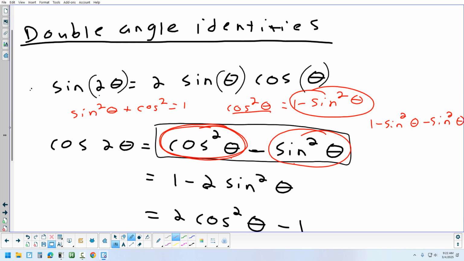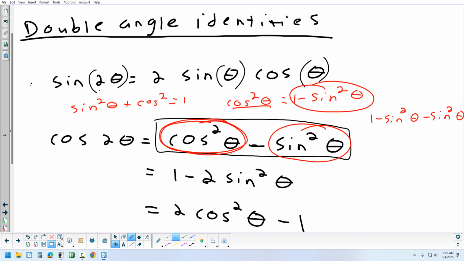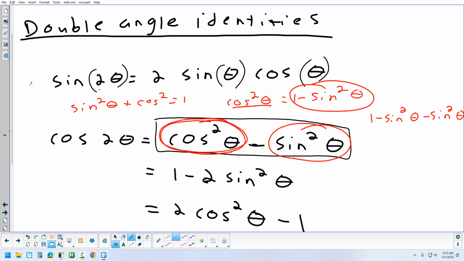So let's do something numeric first. Let's say I want to figure out the sine of 60. Now, again, that's an easy one. You should know how to figure out the sine of 60. But let's say for some reason you can't remember it, but you remember how to do 30. If you know how to do something that's half as big as what you want, you can figure out what you want.